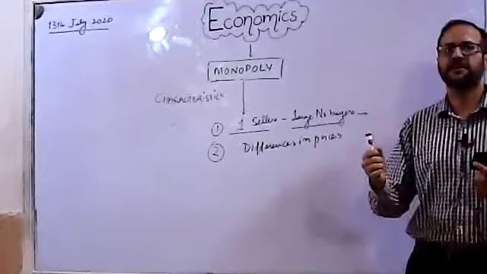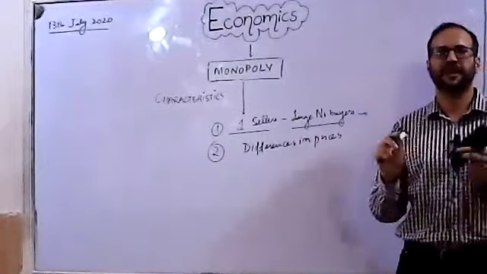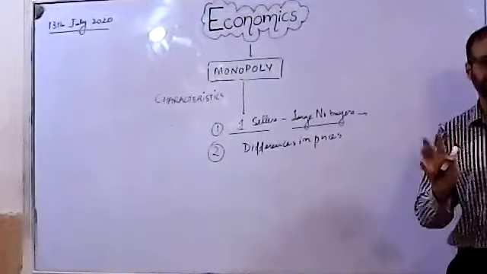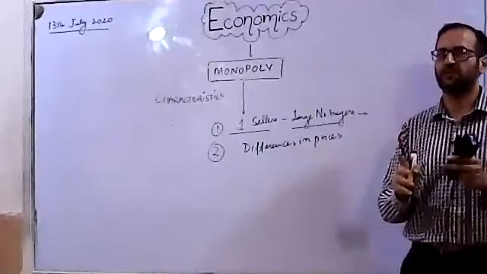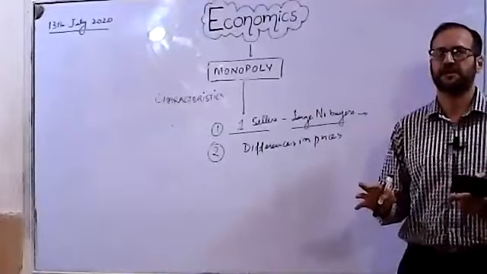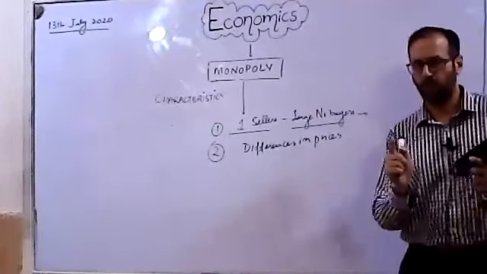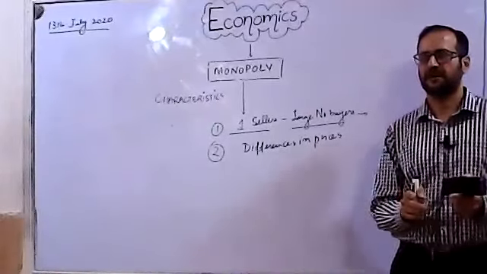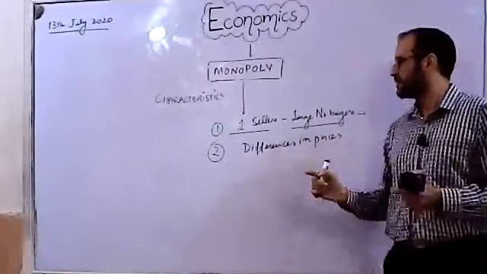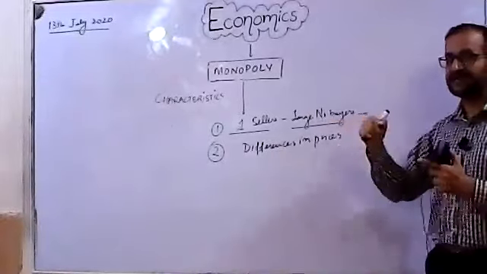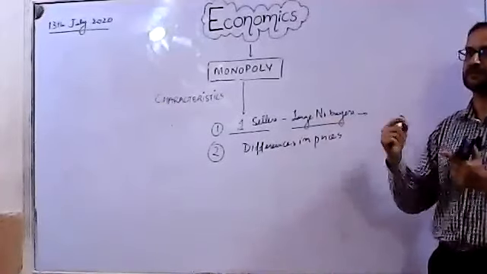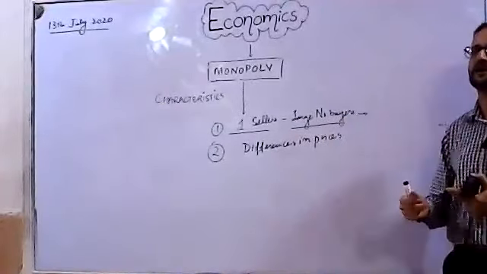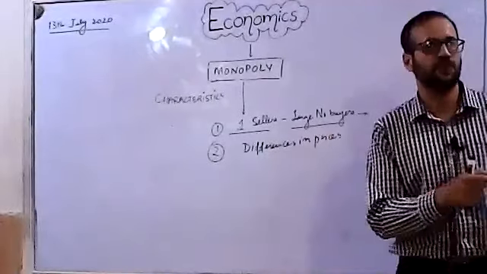When we took the example of the vegetable market, we saw that a lot of vegetables were sold at the same, alike prices. But over here, we have differences in prices. The prices can be different. You can sell to somebody at a higher price and to somebody else at a lower price.